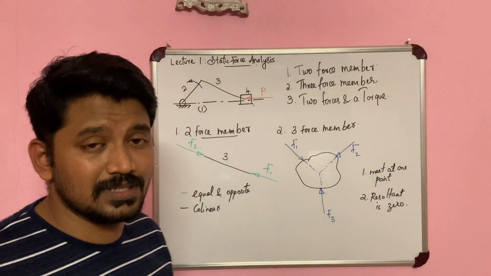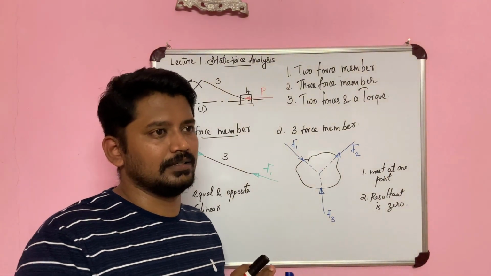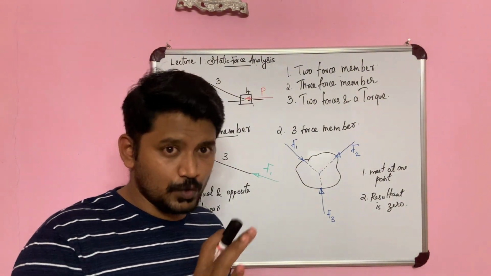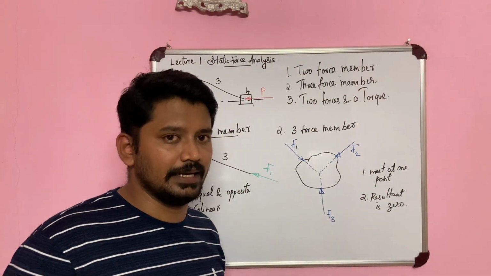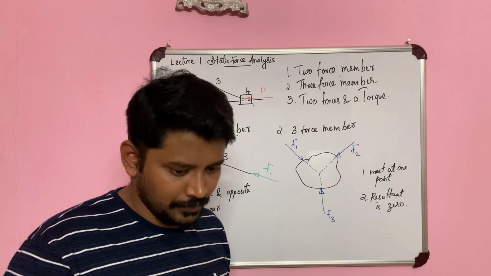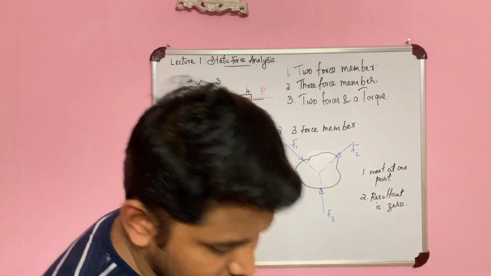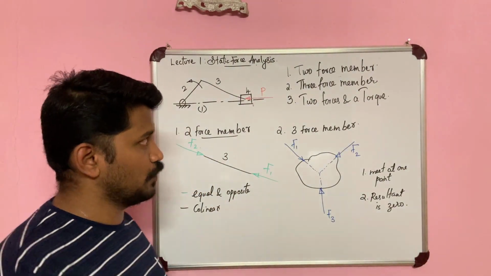Resultant is 0 means if we draw the force polygon with these three forces, then we will get a closed polygon. Okay, so that is the three force member.